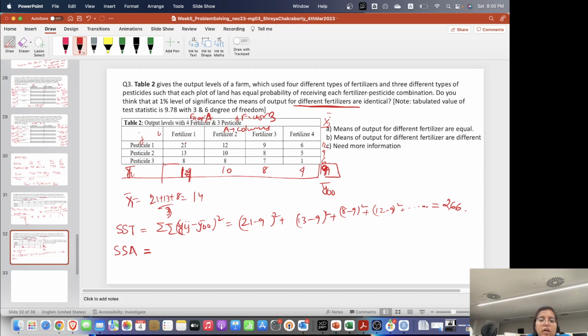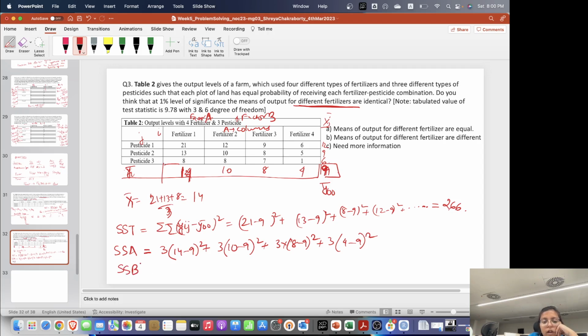So how many observations are there here? We have 3. So we will have 3 into 14 minus 9 whole square plus 3 into 10 minus 9 whole square plus 3 into 8 minus 9 whole square plus 3 into 4 minus 9 whole square. This will be my SSA.